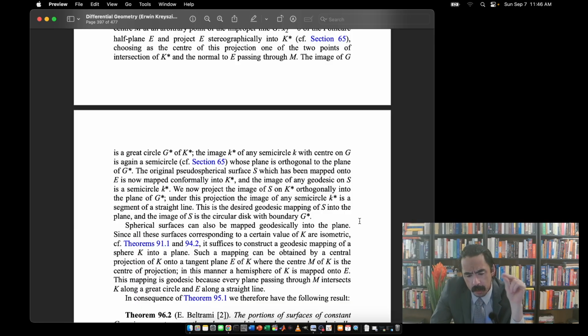We now project the image of capital S on capital K star orthogonally into the plane of capital G star. Under this projection, the image of any semicircle lowercase k star is a segment of a straight line. This is the desired geodesic mapping of capital S into the plane, and the image of capital S is the circular disk with boundary capital G star.